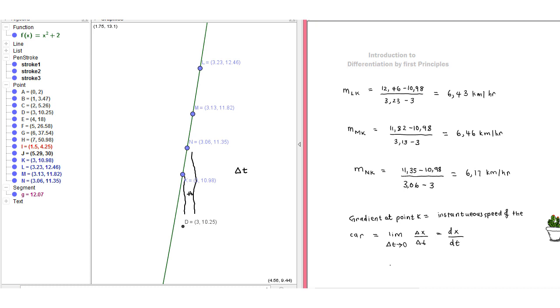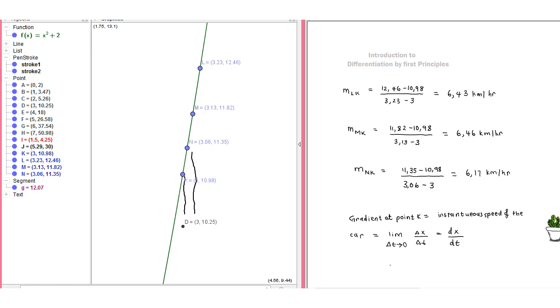And dx by dt is the rate of change in position of the car at a specific time t, and is actually the derivative function of x with respect to the variable t. So using this simulation, we can calculate the gradient of the tangent line to the point K.